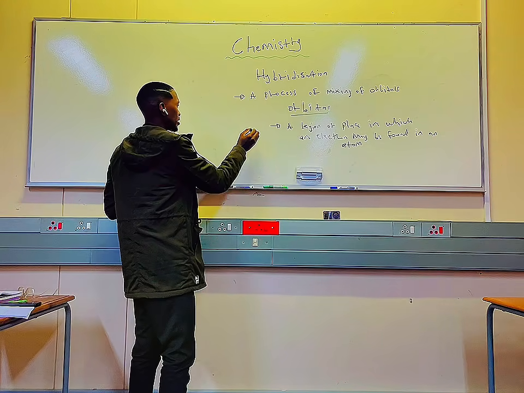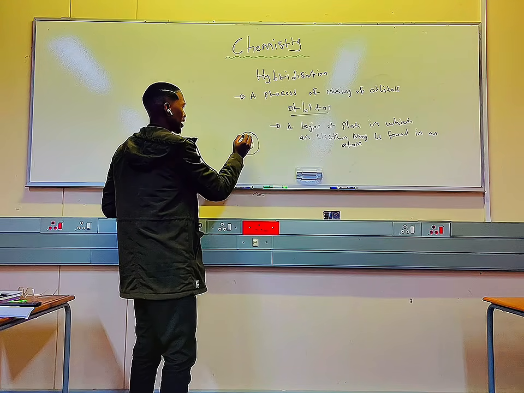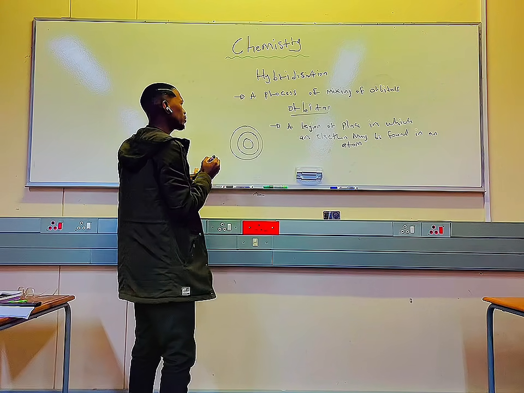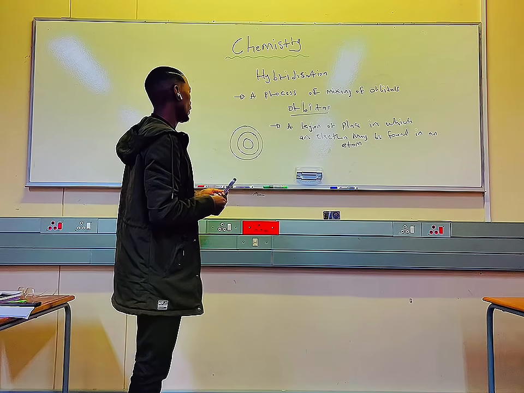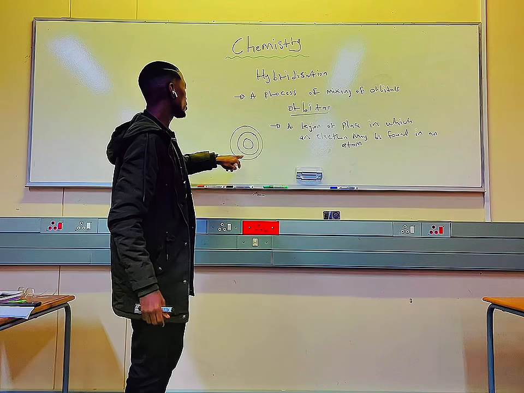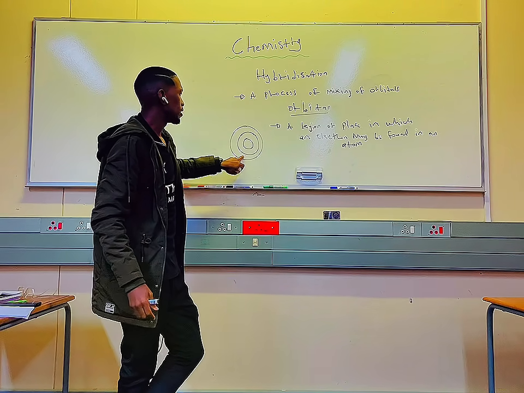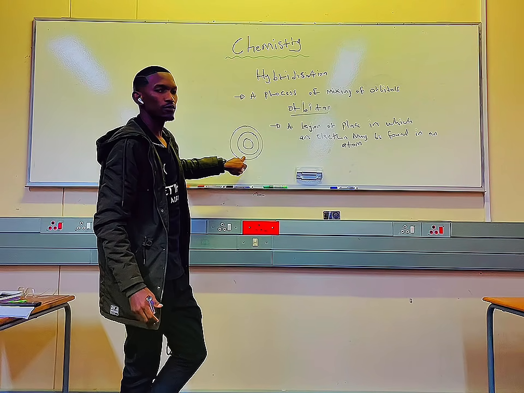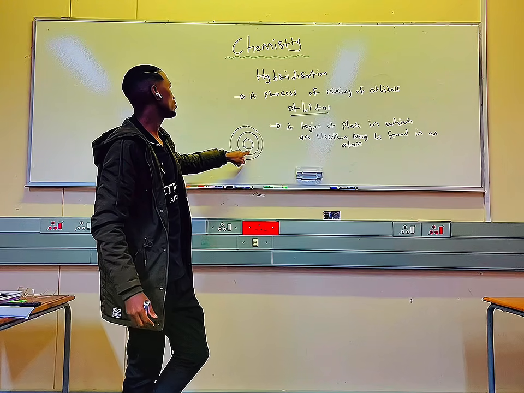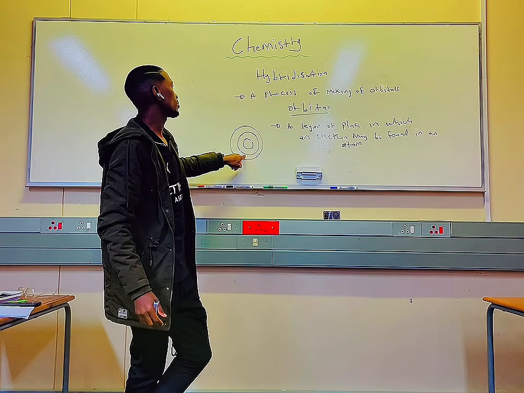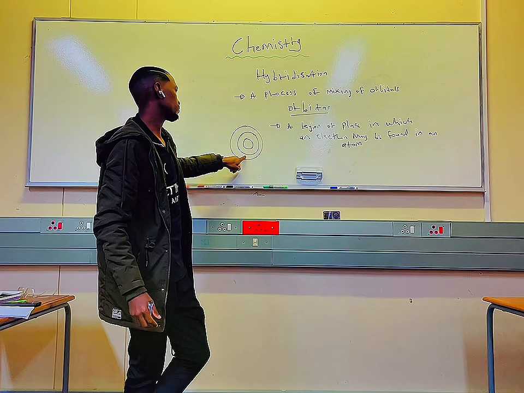We all know that the atomic structure looks like this, right? This could be the atomic structure of, maybe we can make use of 2 and then 8, which is 10.